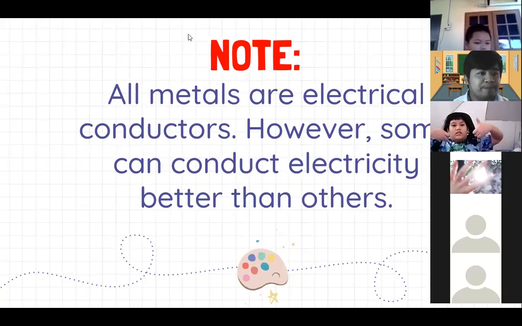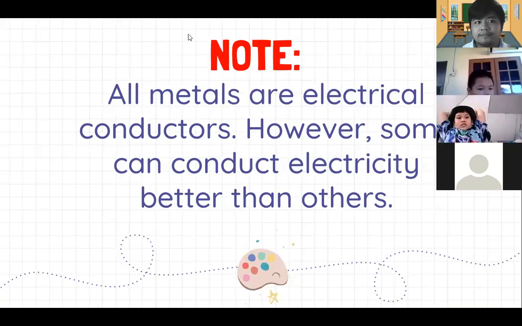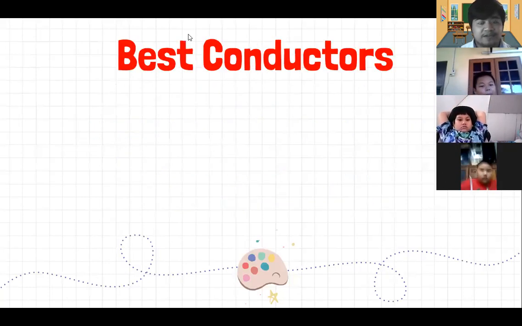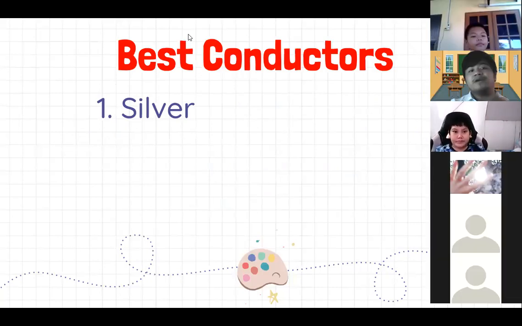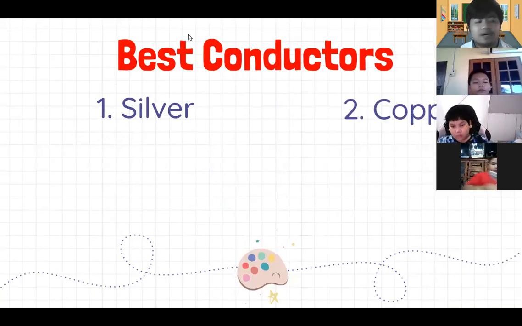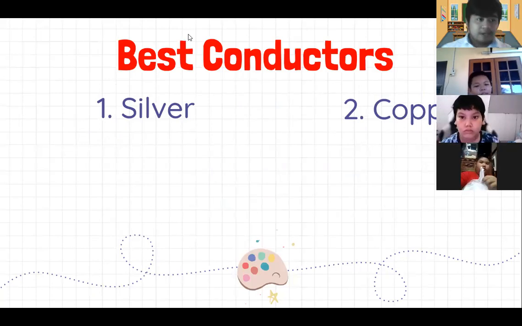So I have prepared here examples of the top 5 electrical conductors. Okay, best conductors. We have the first, silver. Do you know silver? The one we use for our jewelries. Next, we have copper, the one I've shown you, copper coin.